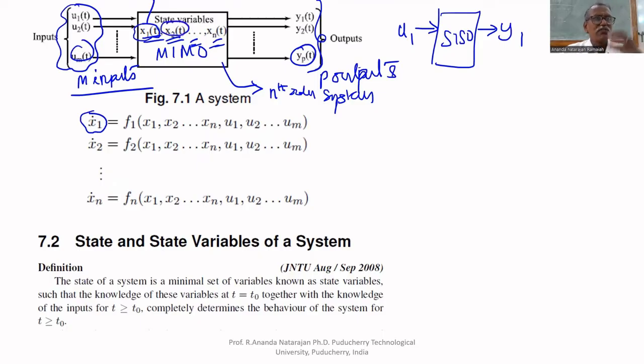X3 is how much fuel is at present there. That is also important. In a rocket system, if the rocket is going up and up, the fuel is decreasing. Therefore, the weight of the rocket system is decreasing. Finally, when it goes to orbit, my fuel becomes zero.